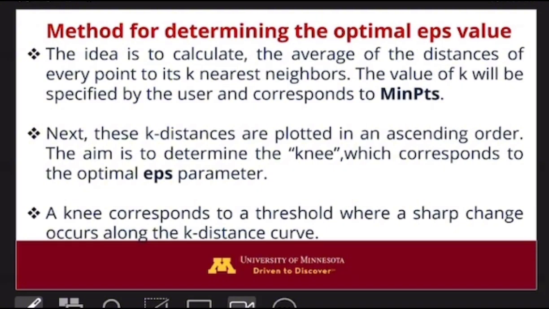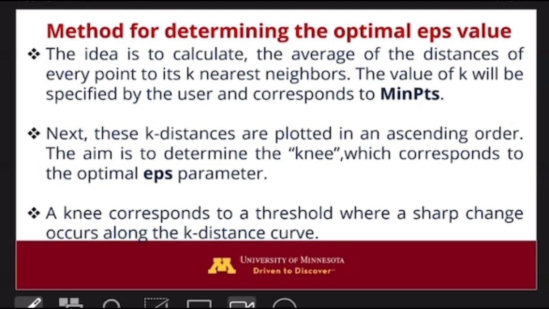Even if I know the minimum number of points is going to be 4, how do I arrive at the minimum distance? I said that is to calculate the average of the distances of every point to its nearest k neighbors. The value of k will be specified by the user and corresponds to the minimum points.